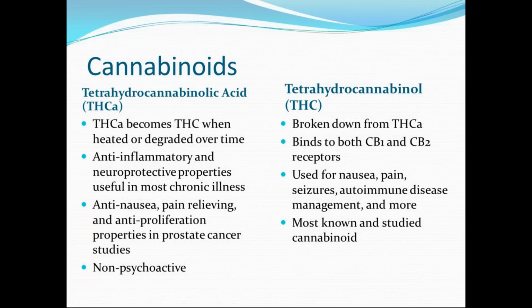It is the most known and studied cannabinoid, and THC is actually an opiate receptor agonist, which means that you can use THC to increase the strength of your opiates, therefore needing less. So THC has some pretty interesting properties and is highly medicinal in its own right, even with the psychoactivity.